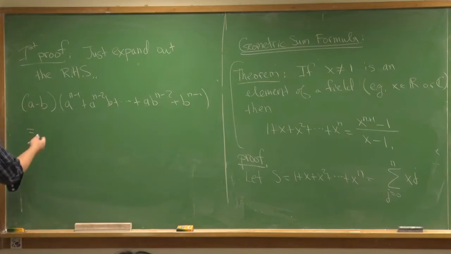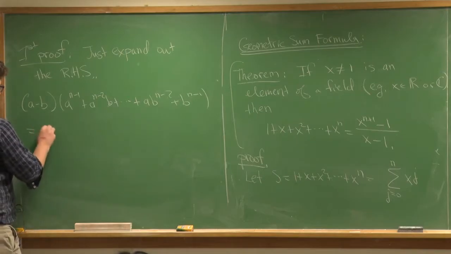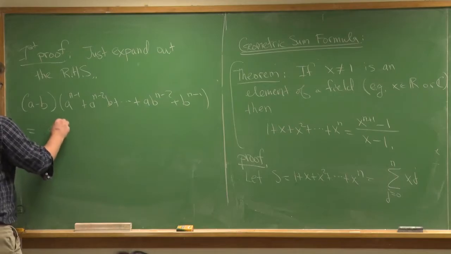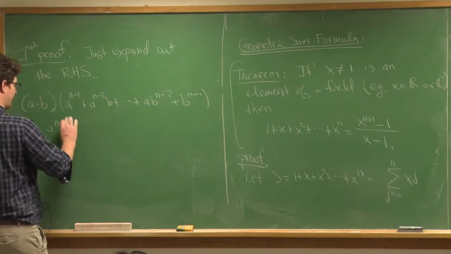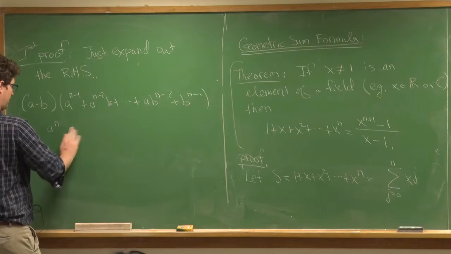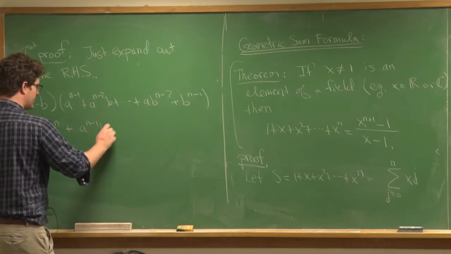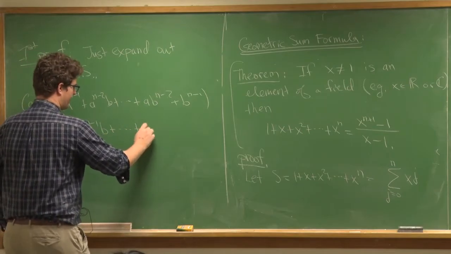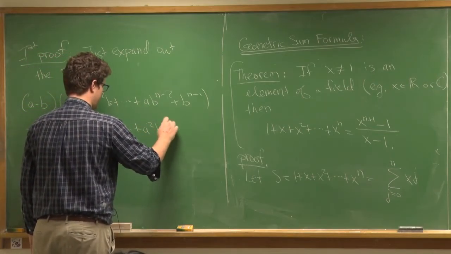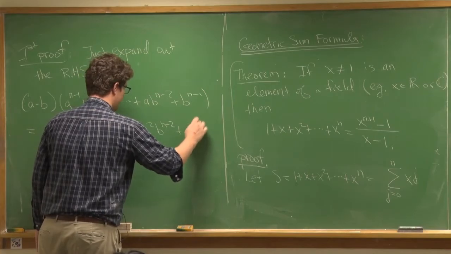So we're going to have the part where I multiply by a, and the part where I multiply by b. So this is a times that stuff, and then b times that stuff. So this is a to the n, plus a to the n minus 1 b, plus all the way up, and then we have a squared b to the n minus 2 plus a b to the n minus 1.